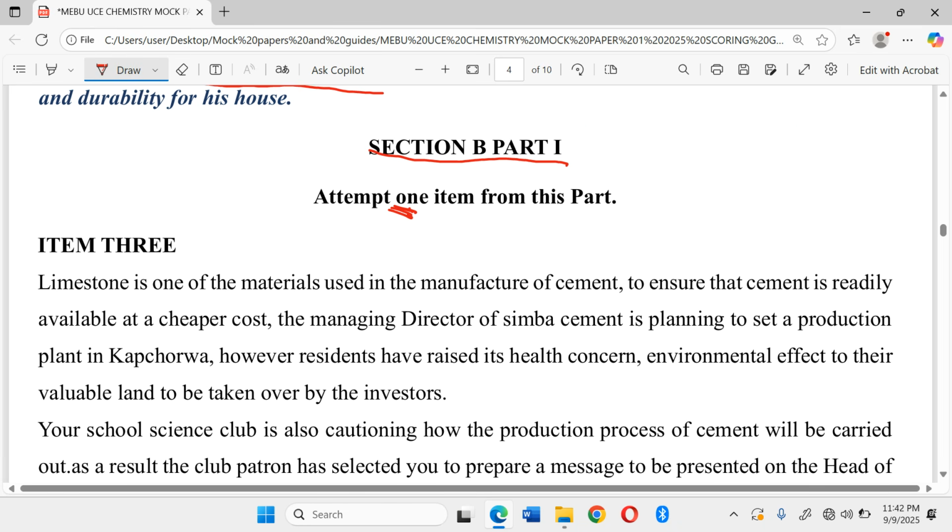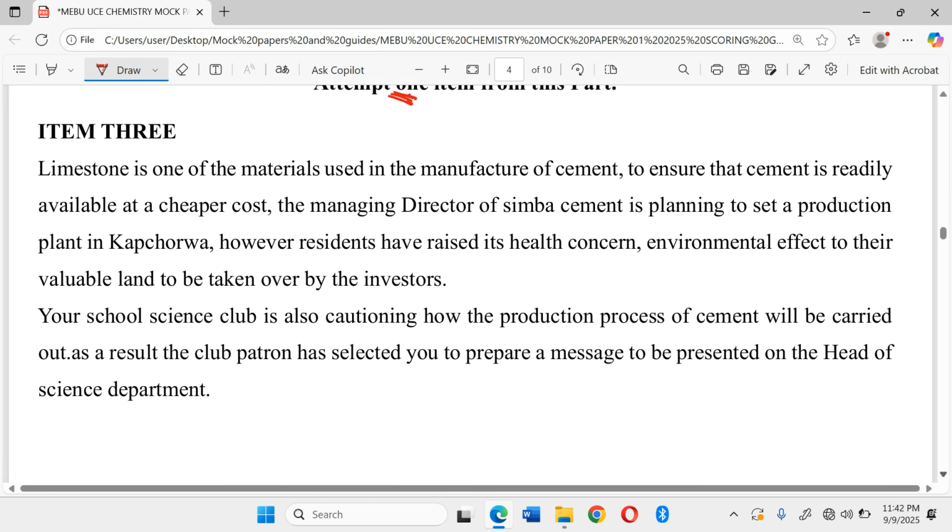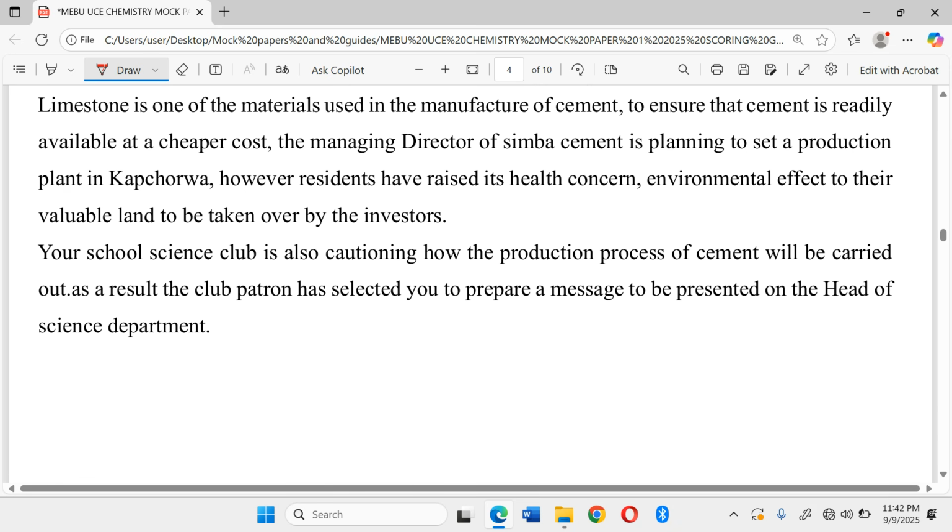So in item 3, that is our scenario. They're saying that limestone is one of the materials used in manufacture of cement. To ensure that cement is readily available at a cheaper cost, the managing director of Simba Cement is planning to set up a production plant in Kapchorwa. However, residents have raised health and environmental concerns, and the valuable land to be taken over by the investors.